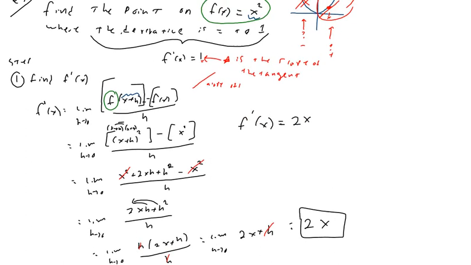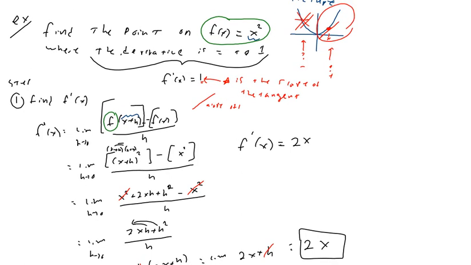Well, what we're looking for is the point. This means I want an x value. We're looking for this x value where the derivative is equal to 1, where the slope of the tangent line is 1.